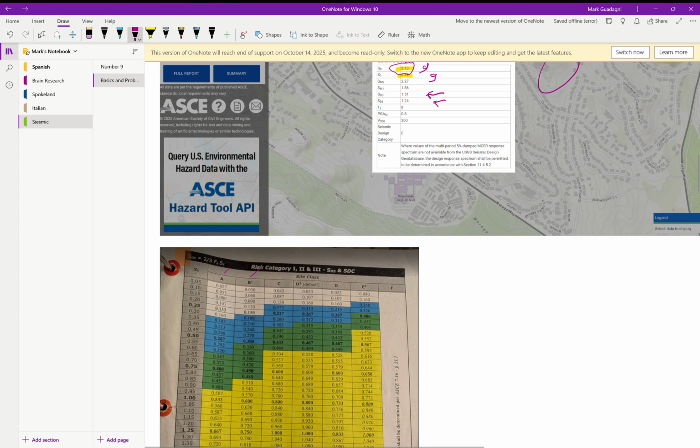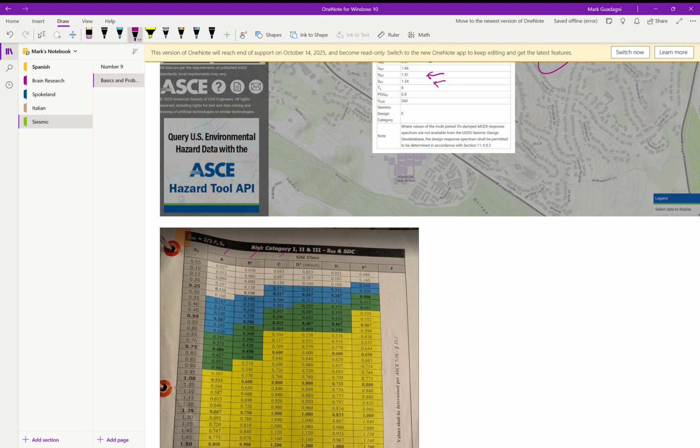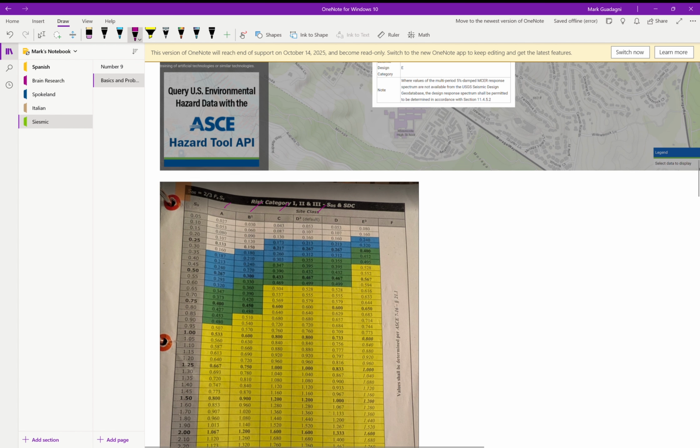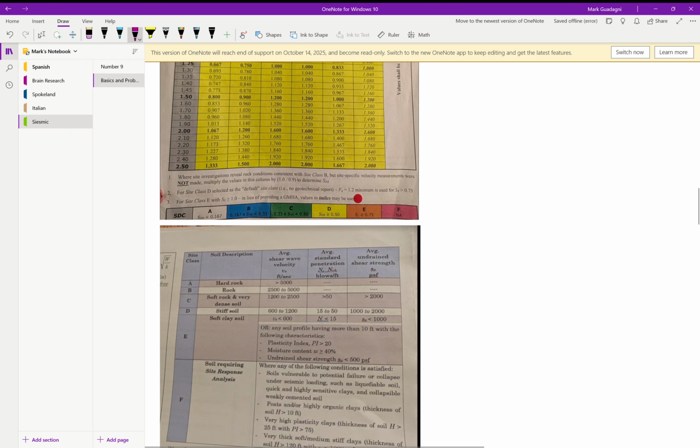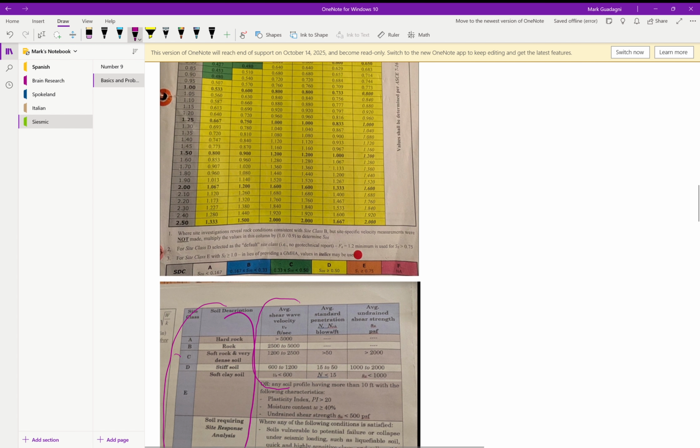So A is for hard rock, B is for slightly less hard rock, C is for soil, D is either default, or put it this way, this is how we define these. And then to quantify these, we use parameters such as average shear wave velocity, standard penetration, etc. to say which category you land in.